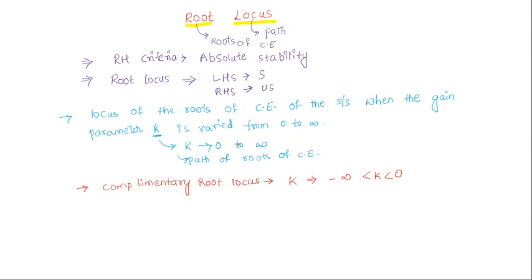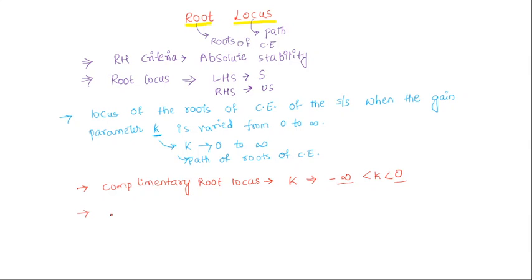If you vary the k value from 0 to infinity and draw the path of roots of characteristic equation, then it is the root locus. If you vary the k value from minus infinity to 0, then it is the complementary root locus.